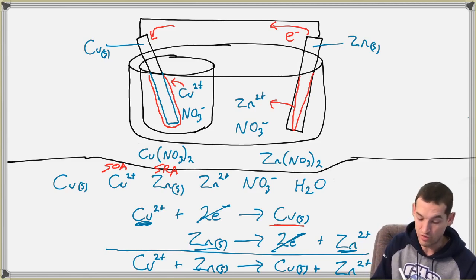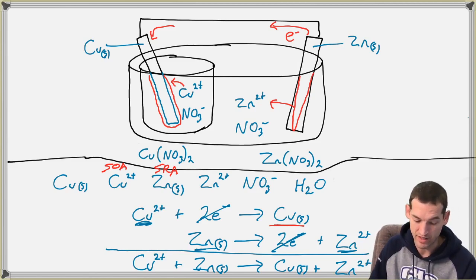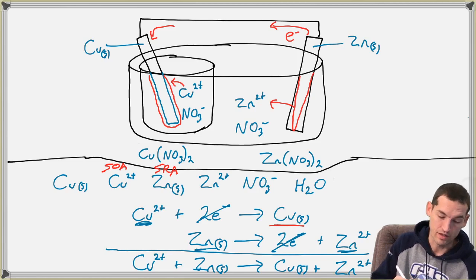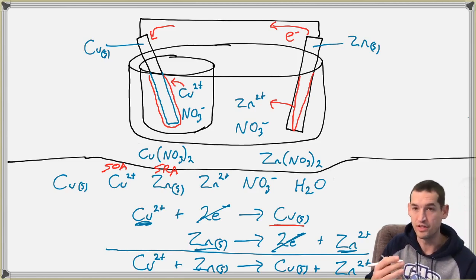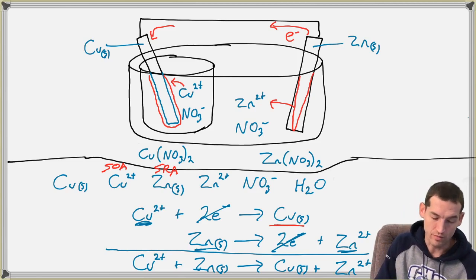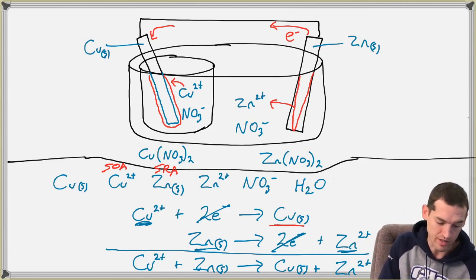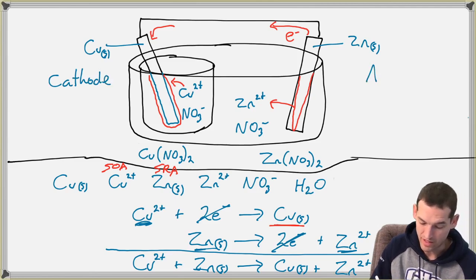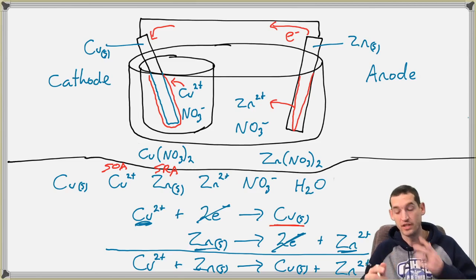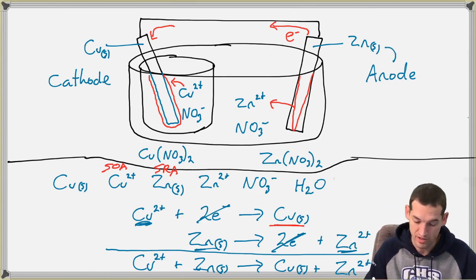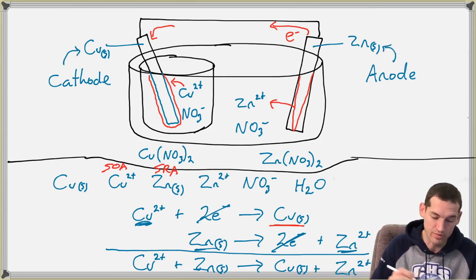So these need to move in order to try to balance that out. I'll show you this in the next video too, but remember that the copper is my cathode and this is my anode. Remember, those are always the solid electrodes, so we're talking specifically about the zinc solid and the copper solid.